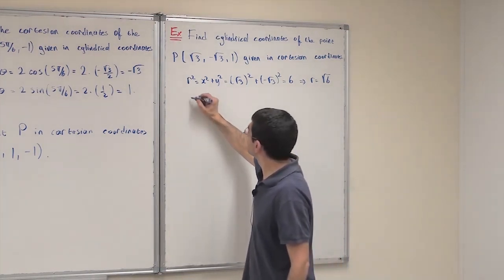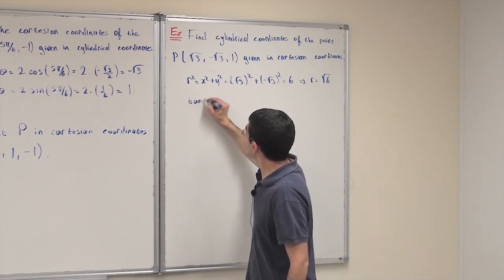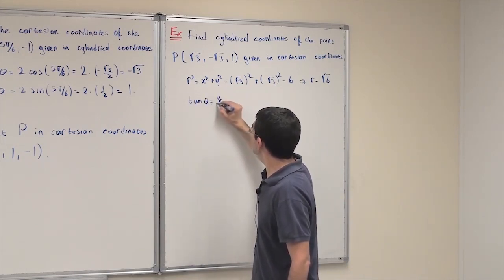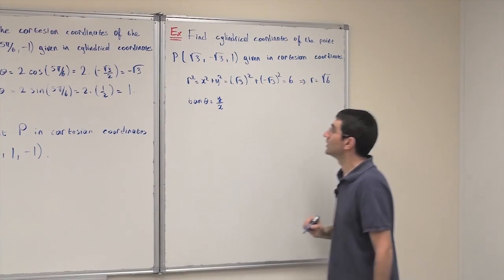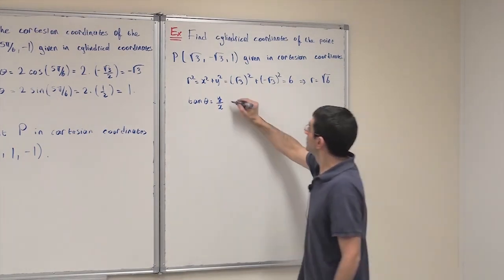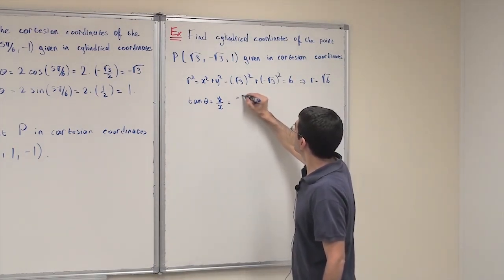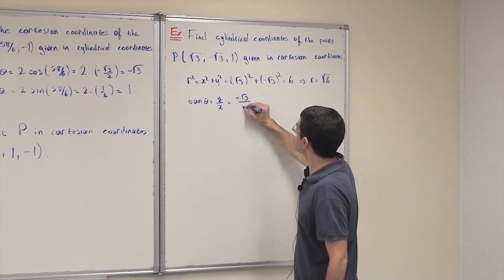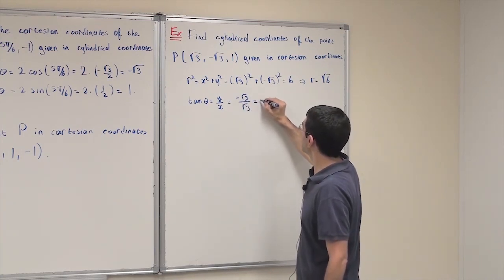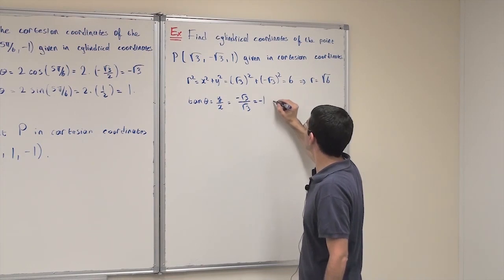Then the other relation that we will use is tangent theta equals y over x. So y is -√3 and x is √3. So tangent theta is equal to -1.